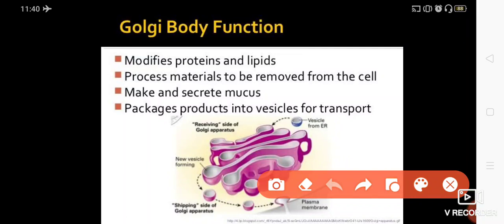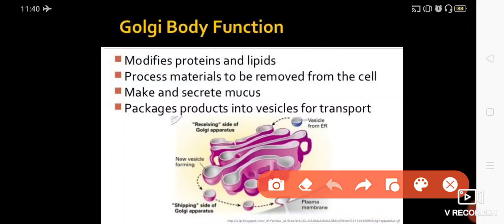Okay, so the Golgi body helps in the removal of waste products. It makes or secretes mucus. Mucus is like the wax which comes from your ear. It is a kind of mucus. Mucus is also secreted by your stomach walls. So mucus is basically an excretory, waste product which is removed from the cells.